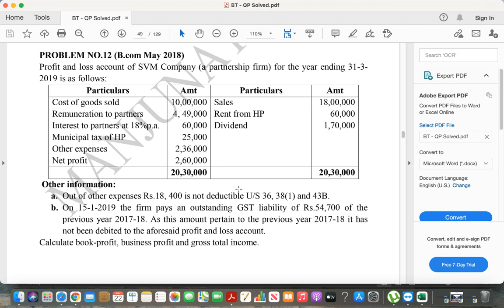That GST belongs to 17/18 and it is paid in the year 18/19, that is 15/1/2019, and this amount is not debited to profit and loss account. So now we have to debit GST. GST is a business expenditure, so we have to deduct it.